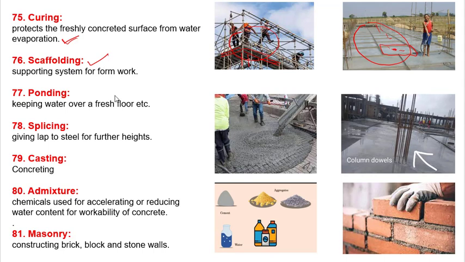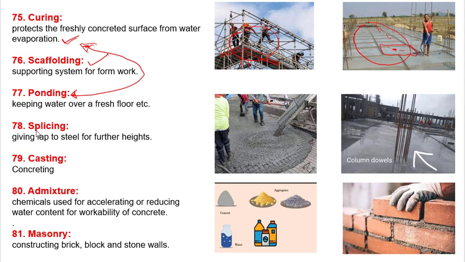So scaffolding is the supporting system for the formwork. And then ponding is the same thing which we described in curing. Ponding is actually a type of curing, right? There are many methods for curing concrete, and one of them is ponding. What is the purpose of ponding? We do ponding to keep water over a fresh floor of concrete.